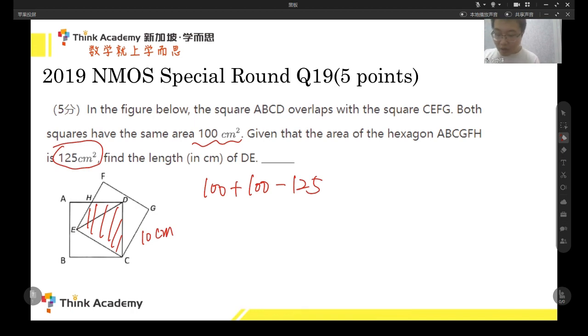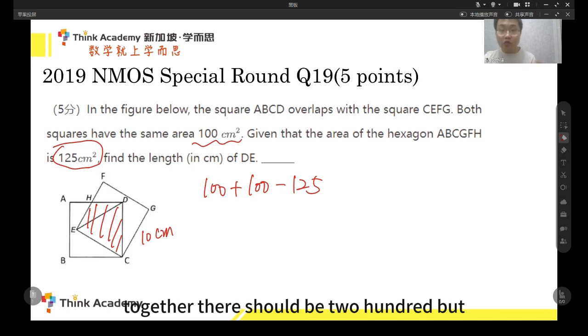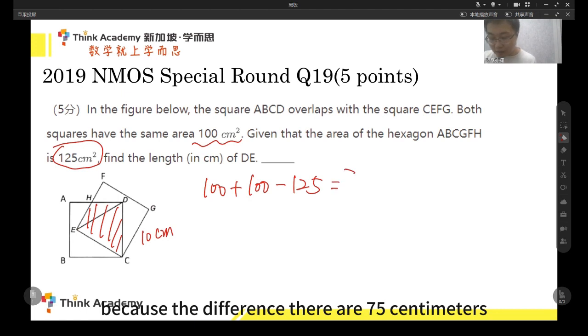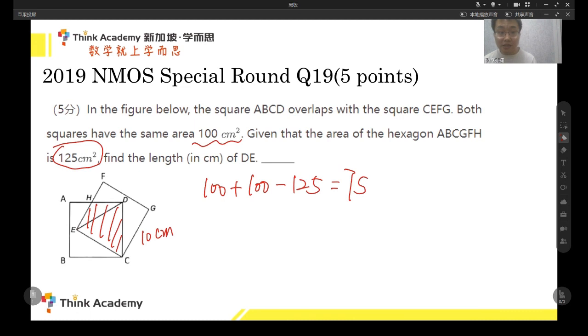So together they should be 200, but they only cover 125, so the difference, 75 square centimeters, is the area of the overlapped region, right?